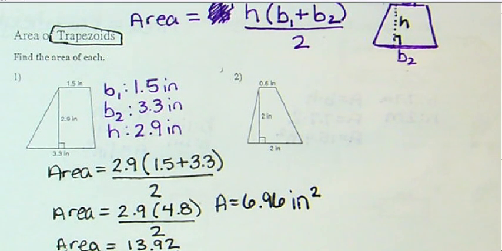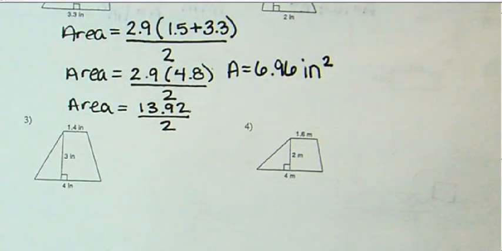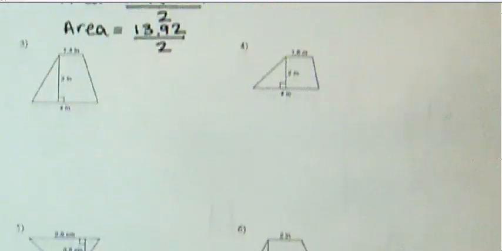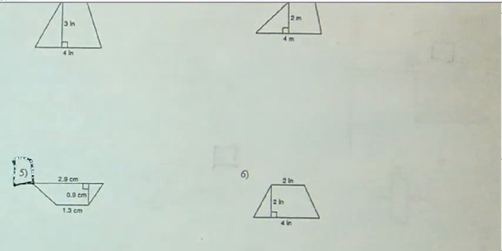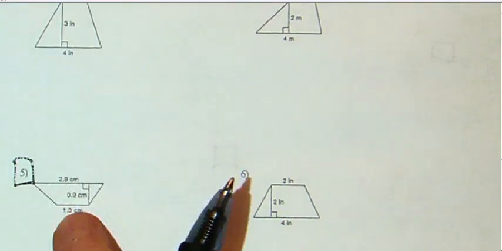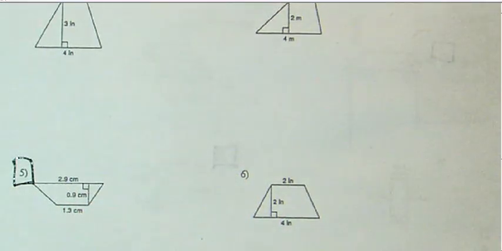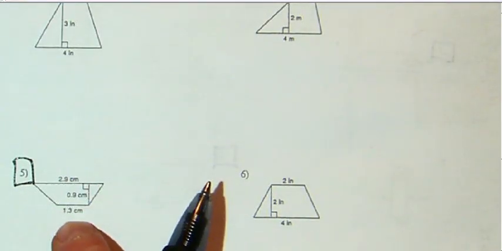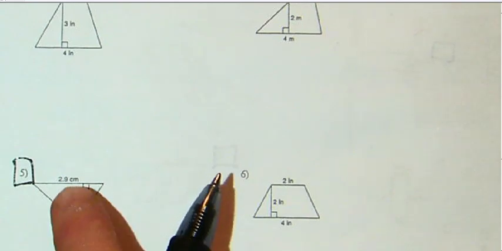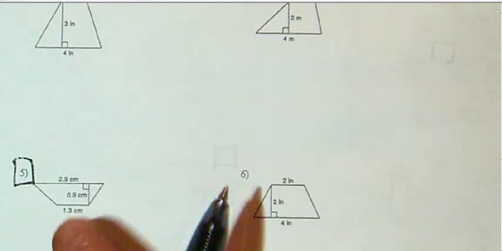Okay? All right. I am going to ask you to do number 5. Remember, your trapezoid here looks like it's flipped upside down. Your two bases are whatever the top and bottom or whatever the parallel sides are.